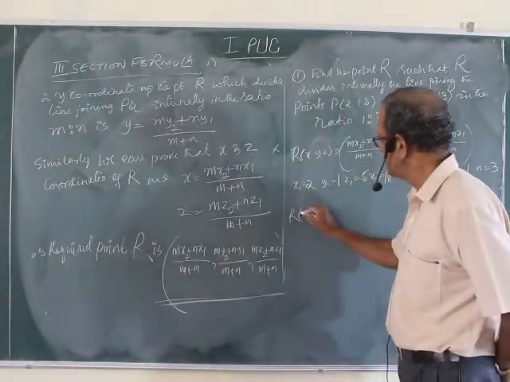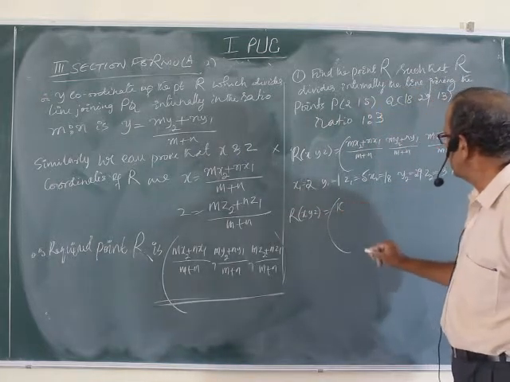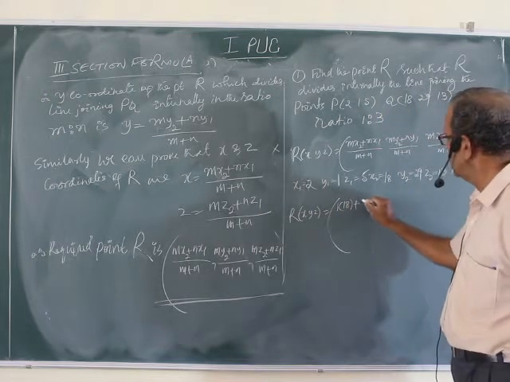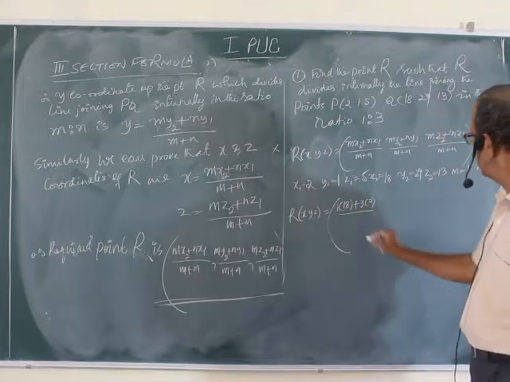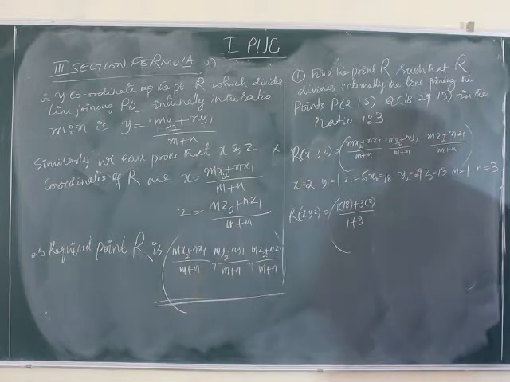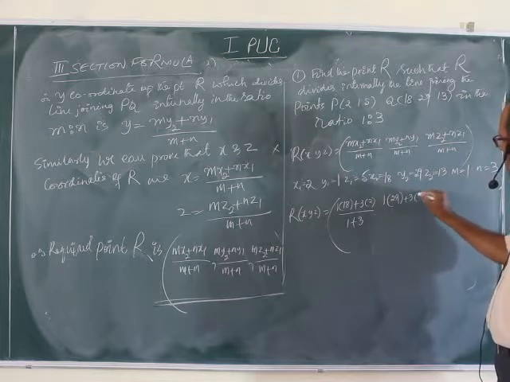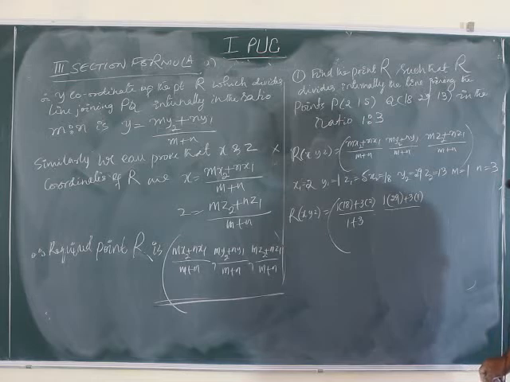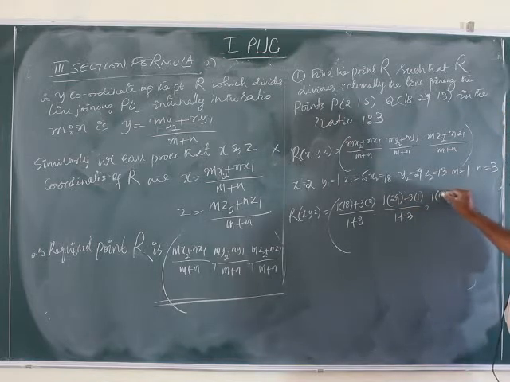R equals m x2, that is 1 times 18, plus n x1, divided by m plus n, then my2 plus ny1 divided by m plus n, then mz2 plus nz1 by m plus n. Okay.